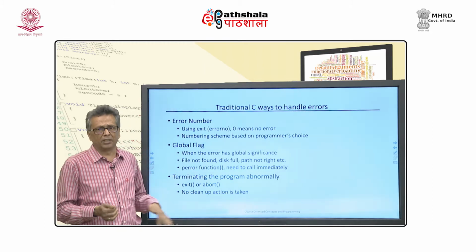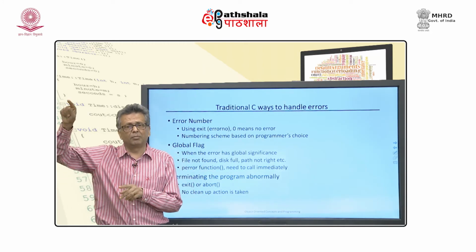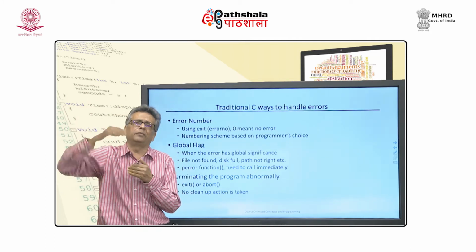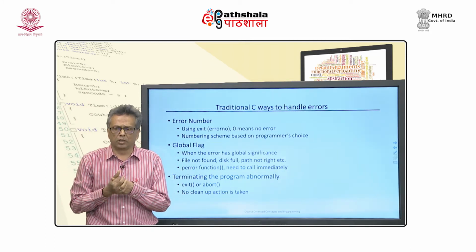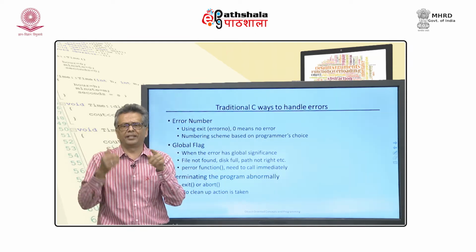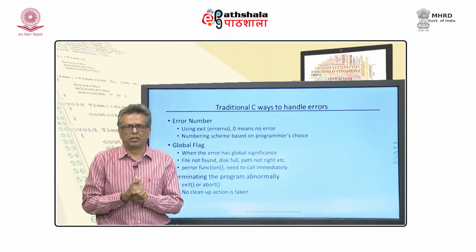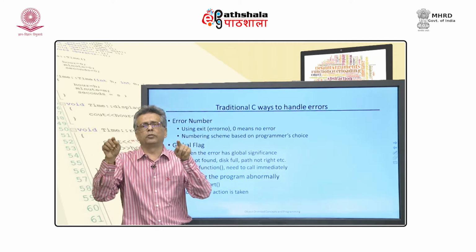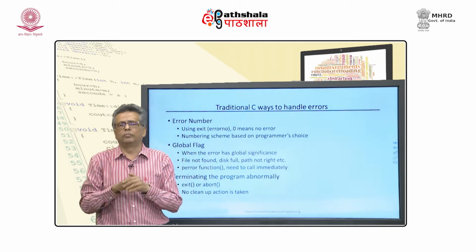And the other problem with this method, because this is done by the system, is that it only remembers the error value related to the previous execution. For example, if you say fopen and then try to write something to the file. Immediately after writing fopen, if you write perror, you get the error related to fopen.